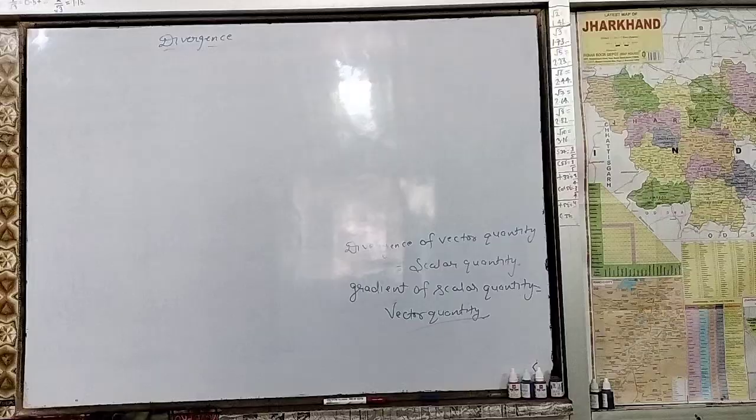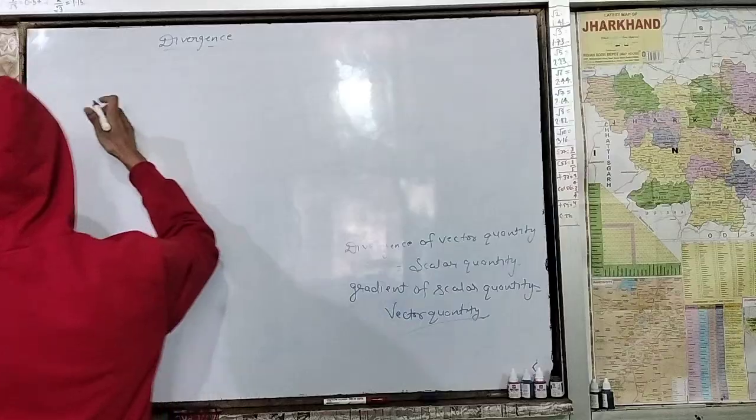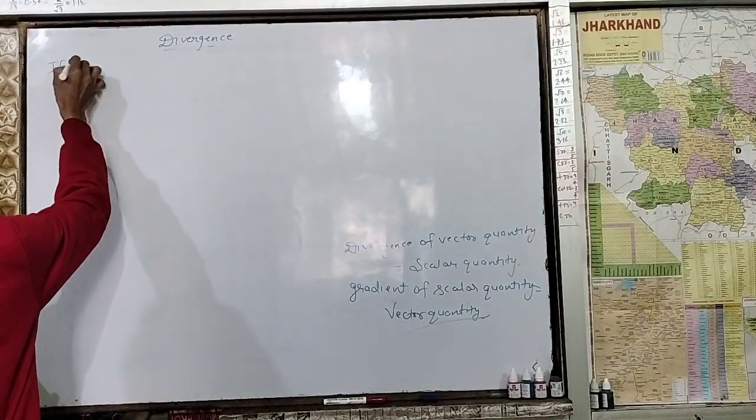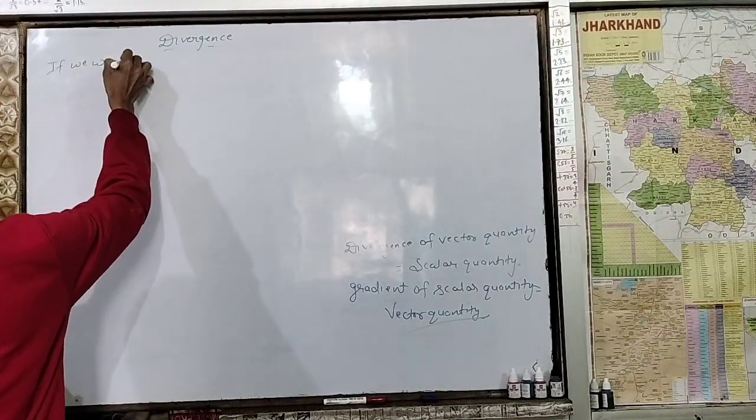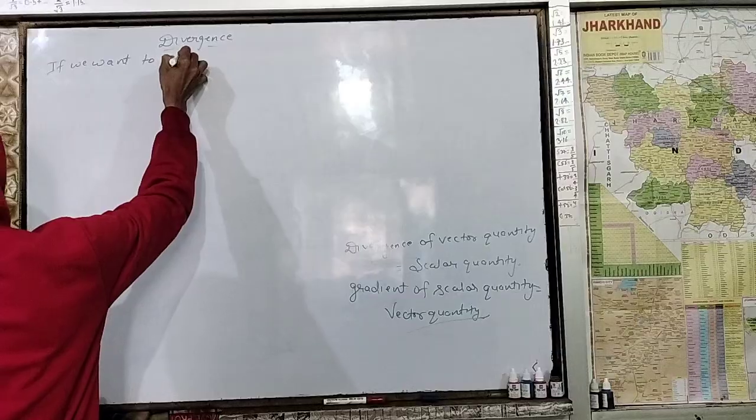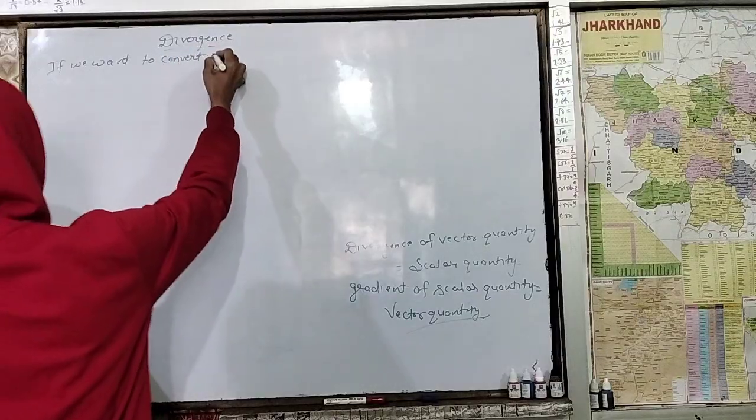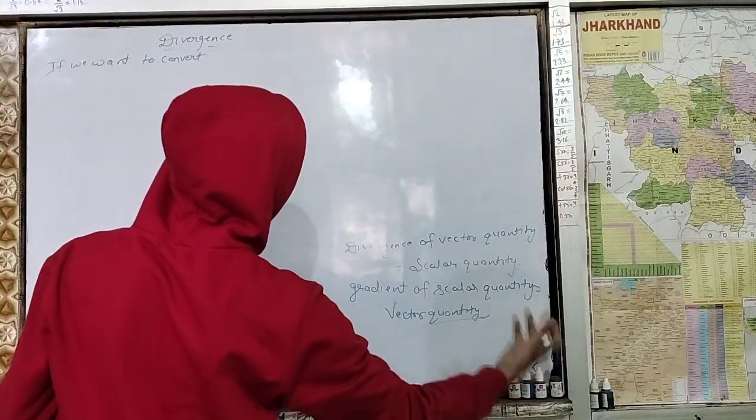Now, we use this divergence if we want to convert a vector quantity into a scalar quantity.